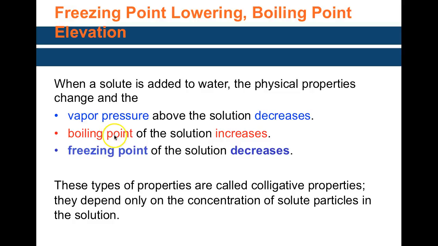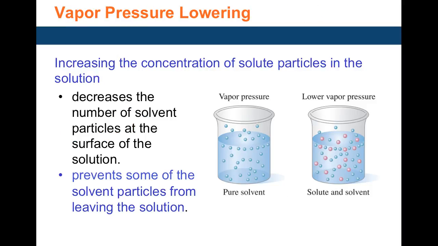So to increase the boiling point, if you add some kind of impurity to pure water, that would increase the boiling point of water. Pure solvent has a certain vapor pressure and a certain boiling point. Water has a freezing point of 0 degrees centigrade and a boiling point of 100 degrees centigrade.